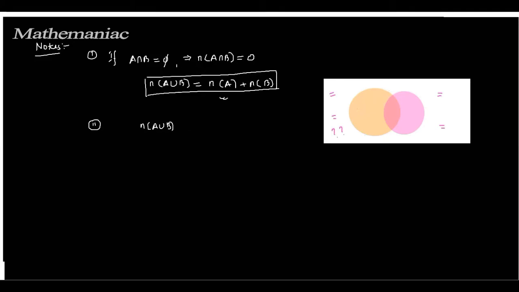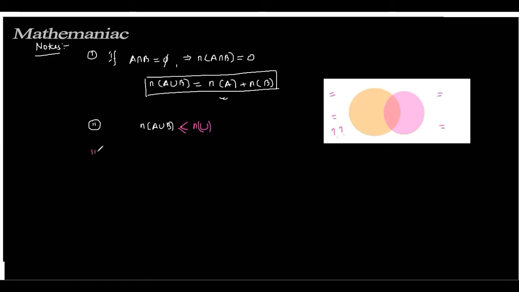That means always we will have a very important result, that is the number of elements in A union B will always be less than or equal to n of U. It is not necessary that it will be equal to U, right? This is a very important part. Always you have to remember.